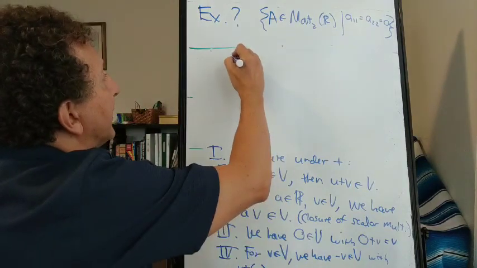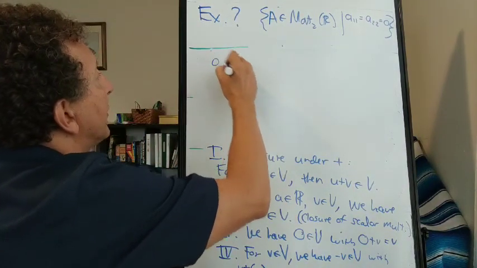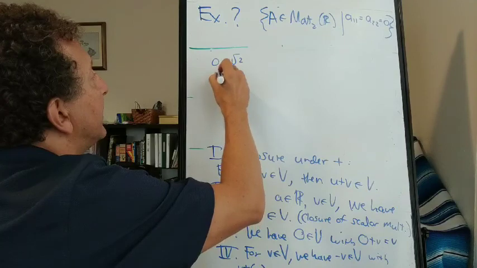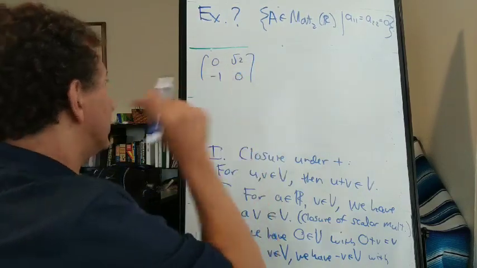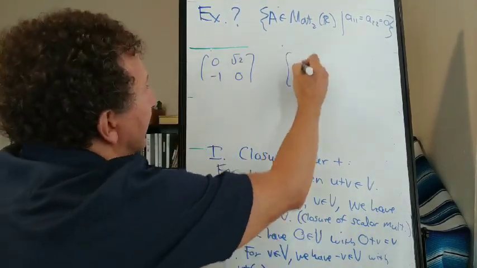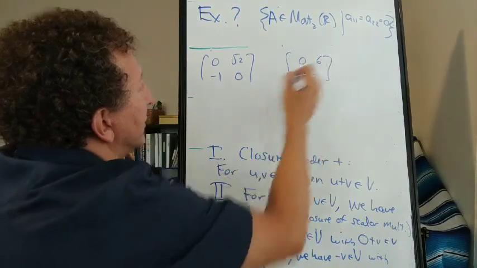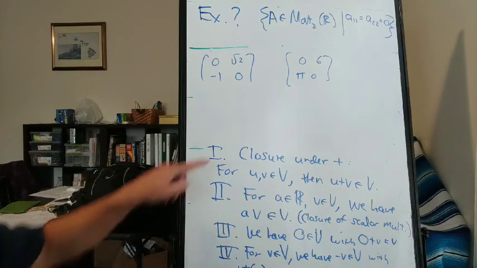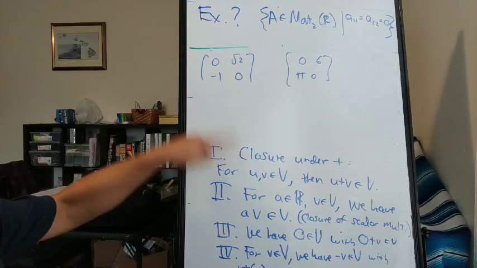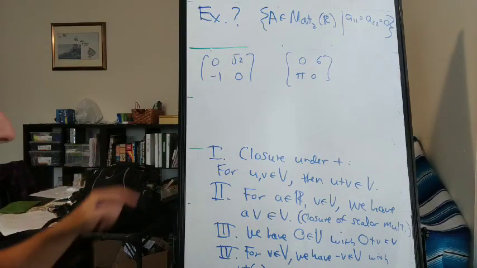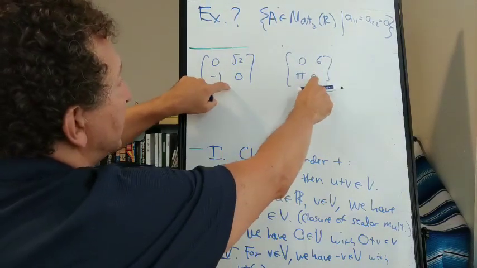So things like 0, square root of 2, negative 1, 0, and 0, 6, pi, 0. So if we add two of them together, we certainly get another one because the diagonal entries are going to be 0 plus 0, 0 plus 0.